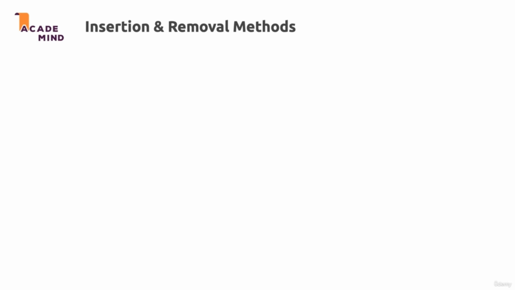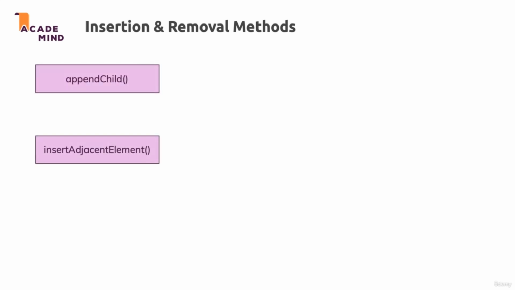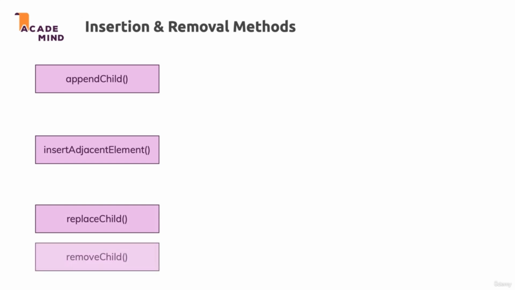So we learned about a lot of different insertion and removal methods. Let me now summarize the important ones which we used here. Now, I'll not dive into the innerHTML and insertAdjacentHTML methods, which I also showed you, but focus on the ones where we created a new DOM object programmatically in JavaScript. We can then add such an object with appendChild, with insertAdjacentElement, replaceChild, or removeChild.